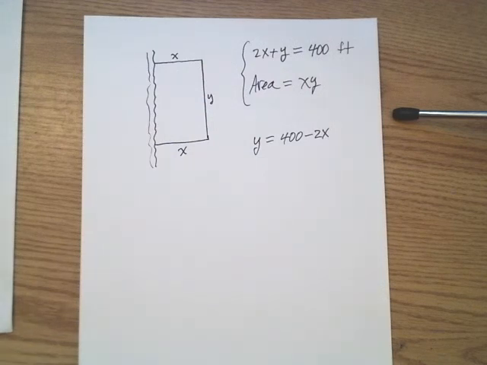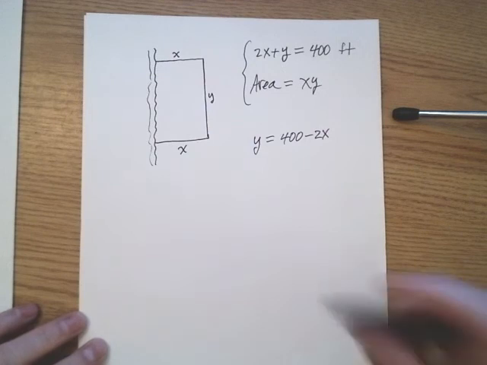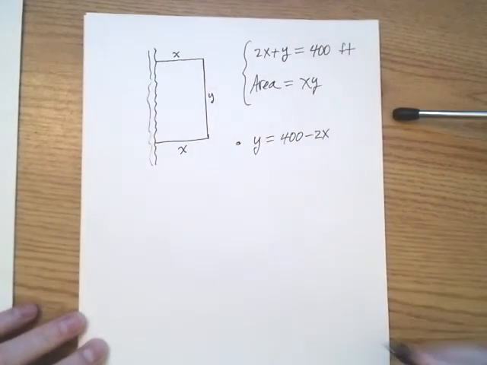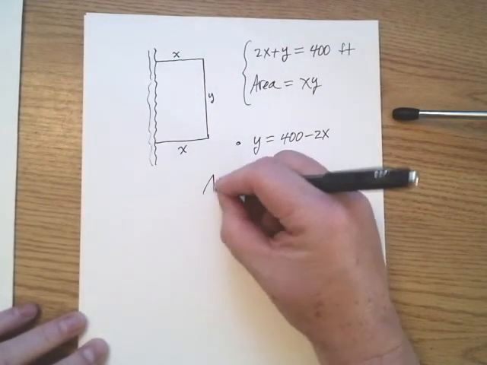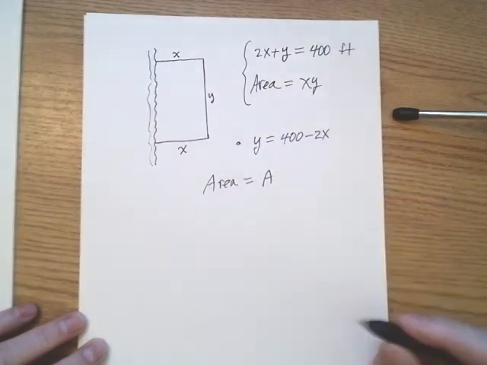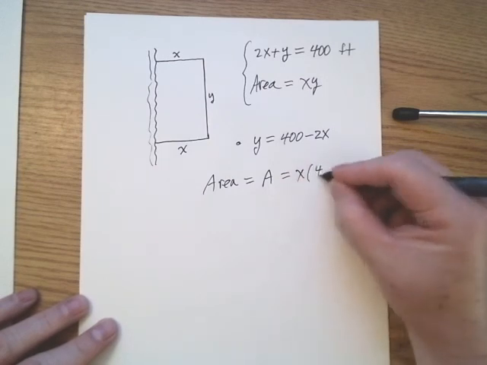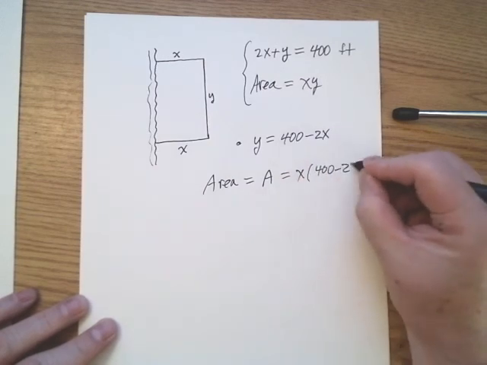Now, bear in mind that x and y have to be non-negative numbers. But that's obvious, so I'm not going to bother putting that in right now. We have this relationship here, and then my area, I'll call the area A. The area equals A, that's x times y. So that's really x times (400 minus 2x).